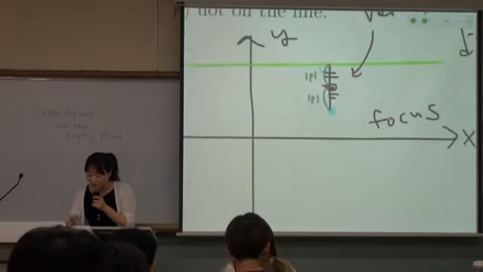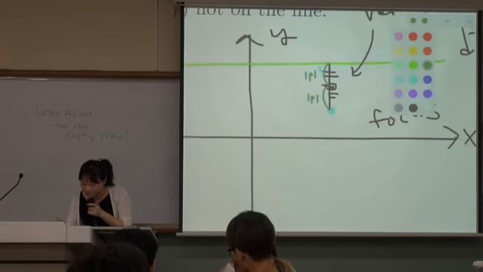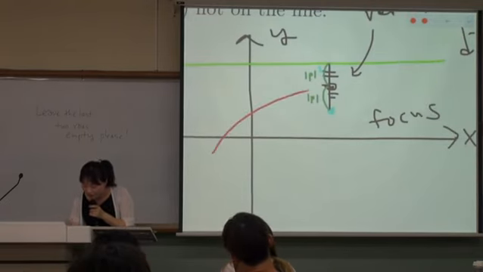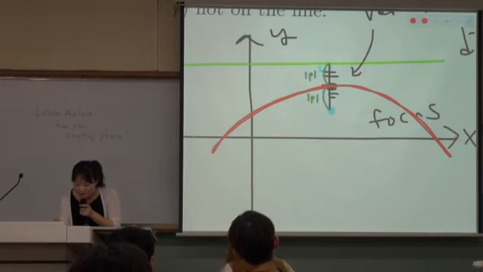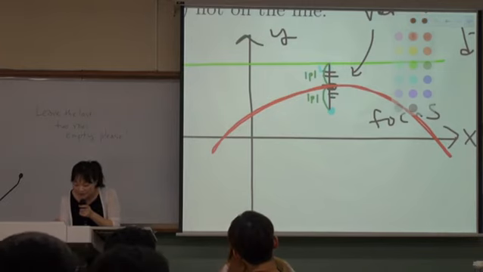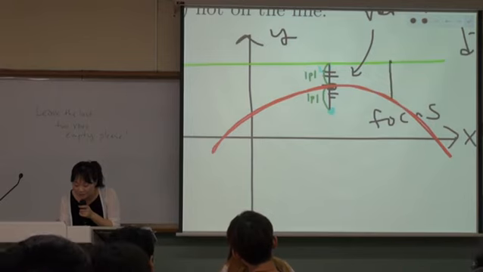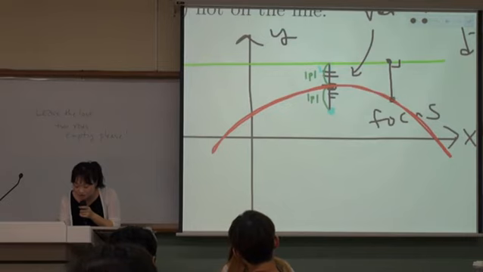Okay. So here, the points on this red curve have such a characteristic. That is, if I look at the distance from the directrix to the point on the red curve, that distance is equal to the distance from this point to the focus.